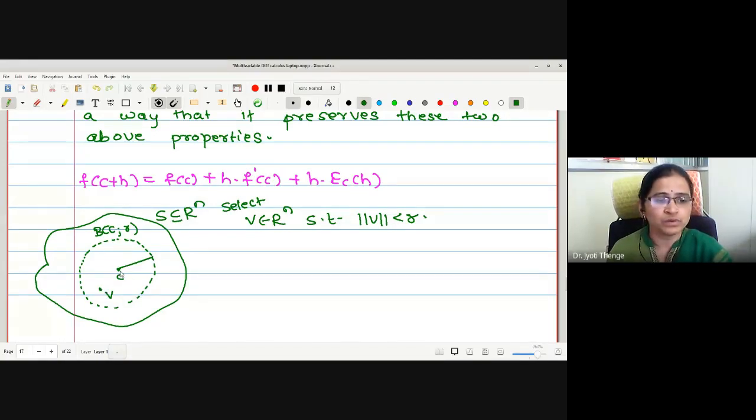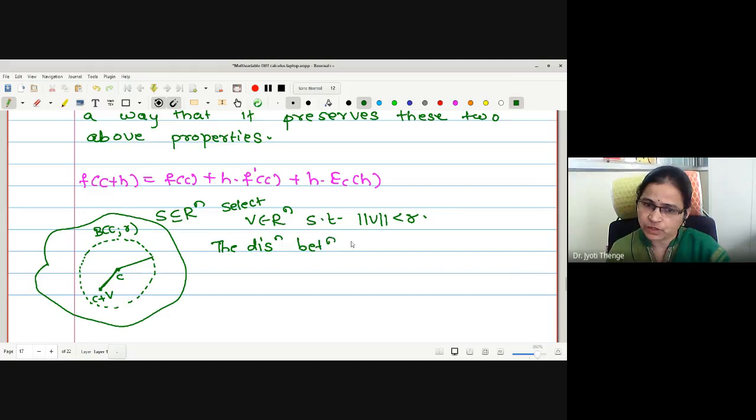Now we will join c to c plus v, that is, draw a straight line passing through c towards the direction v, parallel to v. And we know the two points are c and c plus v. What is the distance between the two points?